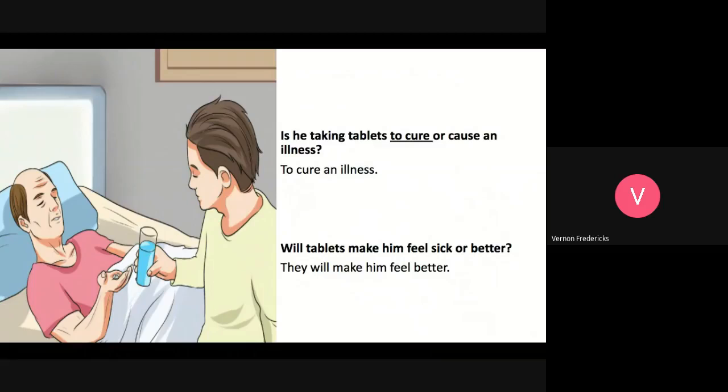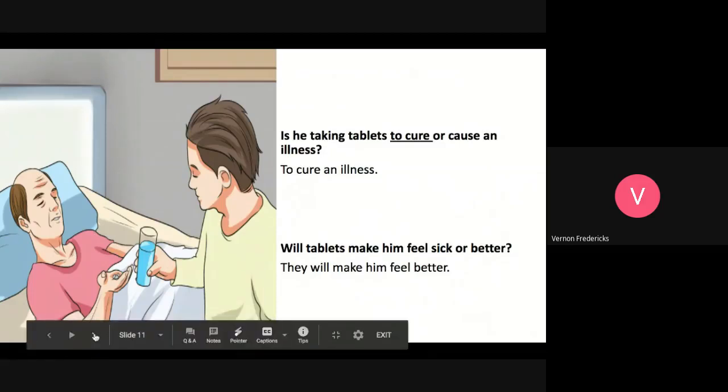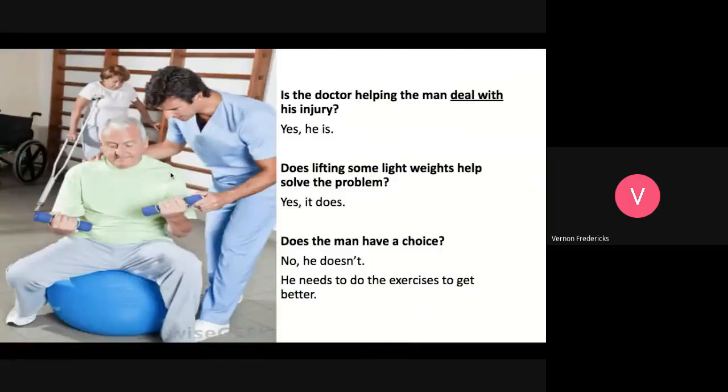Will the tablets make him feel sick or better? It will make him feel better. So the sick person is going to take the tablets to make him feel better. Okay, next slide.